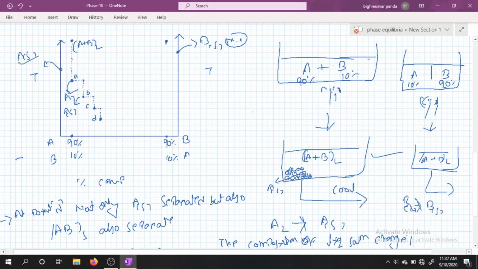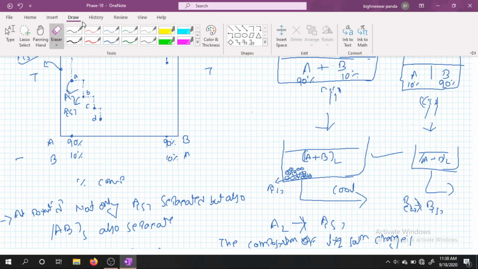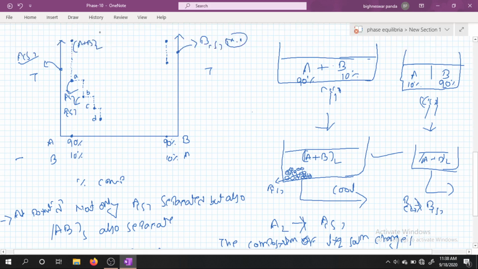So I am getting a point. Consider A dash. Upon cooling, some B solids are being formed.